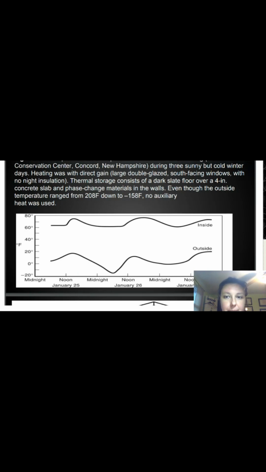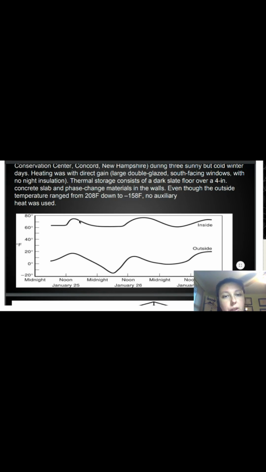This is a picture showing a home that was built in a passive solar style inside the town of Concord, New Hampshire. It's showing you the inside of the home, its capacity for heat, and outside what the temperatures were at a given time. Over the course of the day of January 25th to 26th, we can see that it was pretty warm in the afternoon, and we can see that the home just begins to heat up, right?